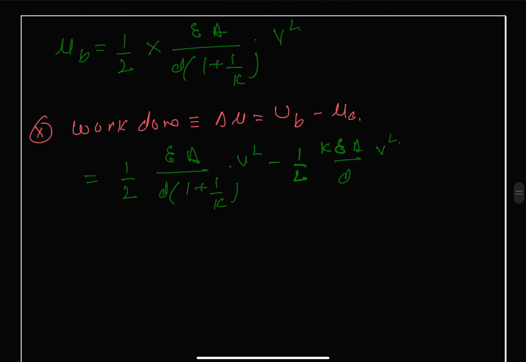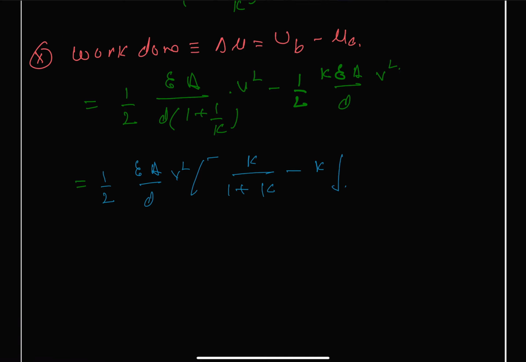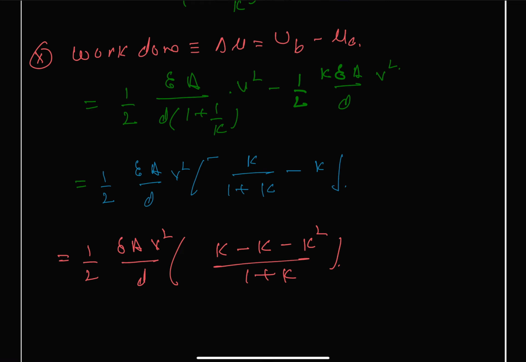And we can take half epsilon A D V square as common, so this comes as K upon 1 plus K, and minus K. And we can take the LCM, so this comes as half epsilon A V square upon D times K minus K, and this comes as minus K square divided by 1 plus K, and this K and K cancel out.